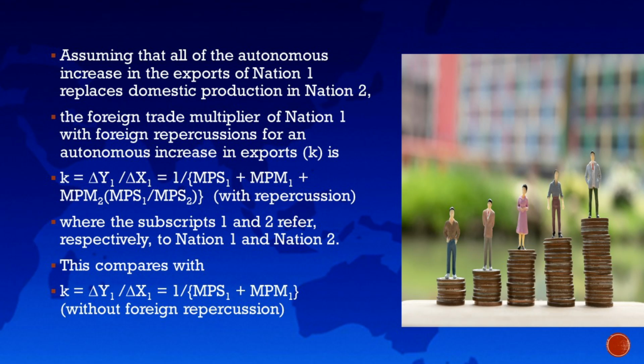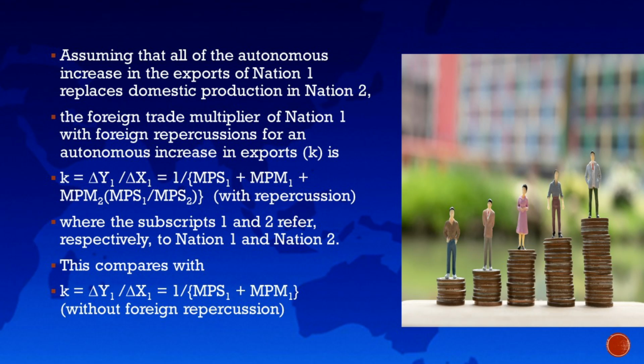But now that we cannot assume away the effect of what happens in the other country with which we have an export relation, we have to bring the leakages of that country also into the formula. That is exactly what we are doing: bringing in the marginal propensity to import of nation 2 and the marginal propensity to save of nation 2.